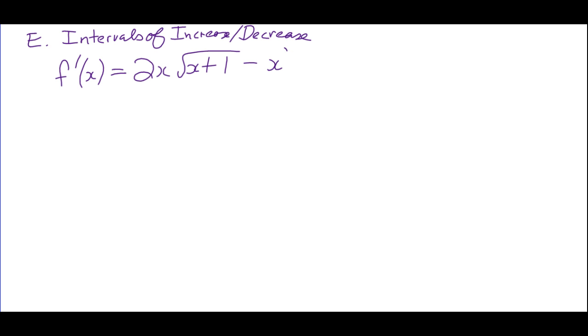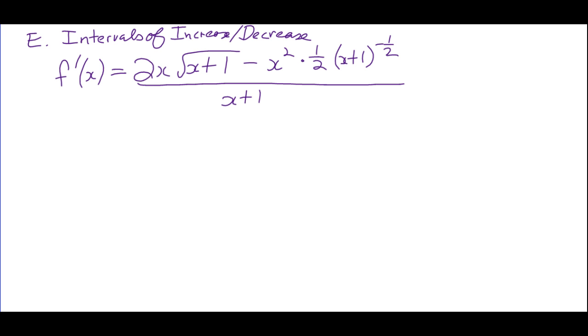Minus x squared times 1/2 x plus 1 to the -1/2 times 1. I'm not going to put that in, right? Because the derivative of x is 1. Over x plus 1, right? Because it's the square root of x plus 1 squared, which is just x plus 1.